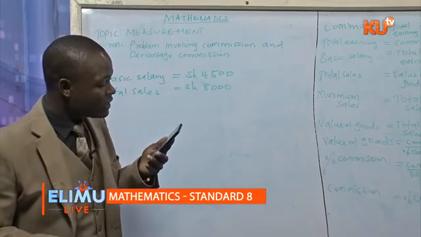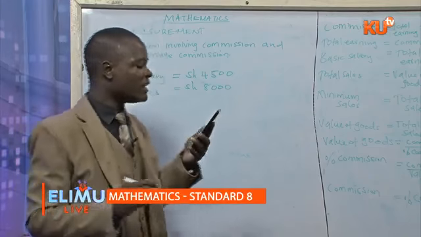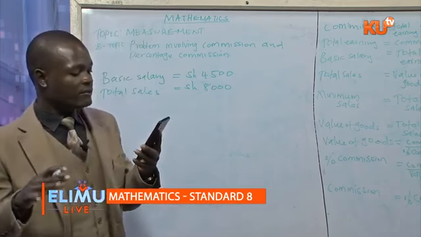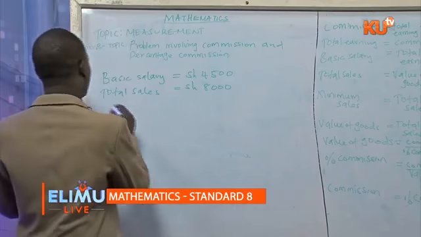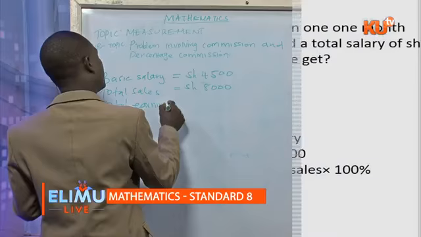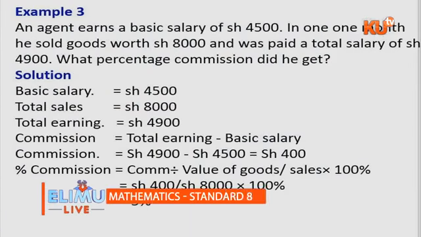And then we are told he was paid a total salary of 4,900. So the total salary is 4,900. That is the total earning. So his total earnings was 4,900 shillings.